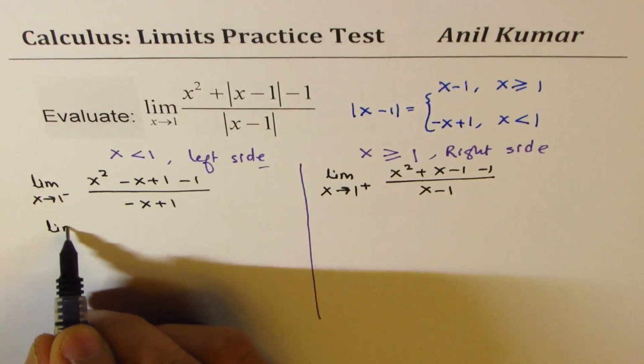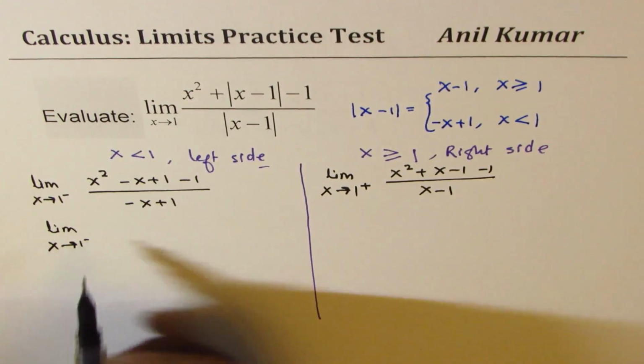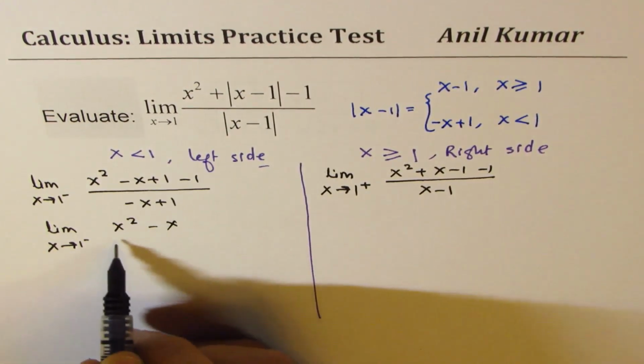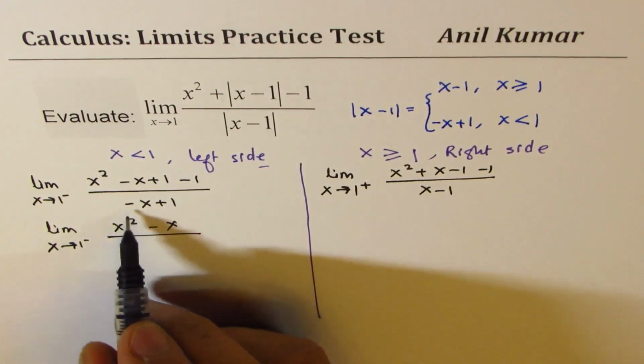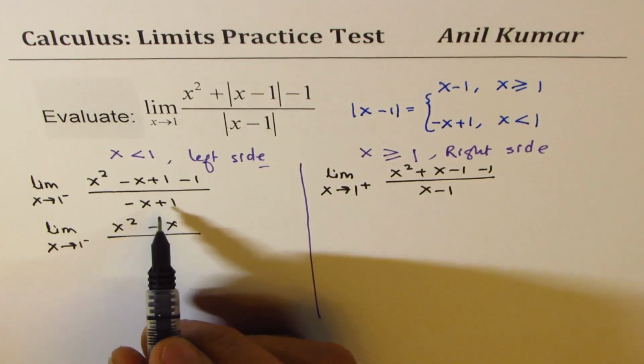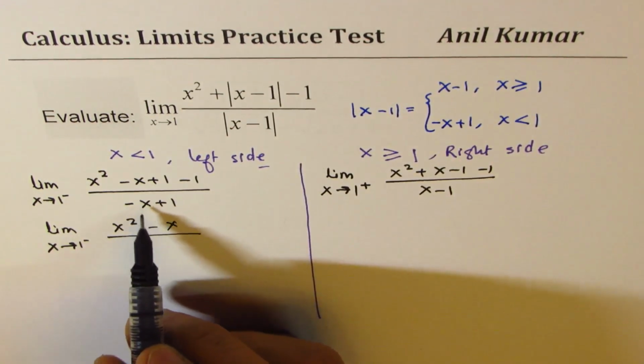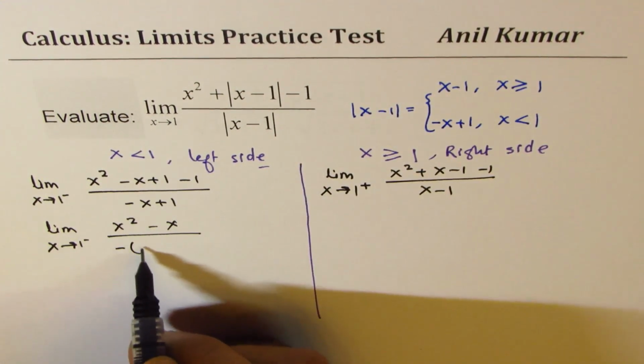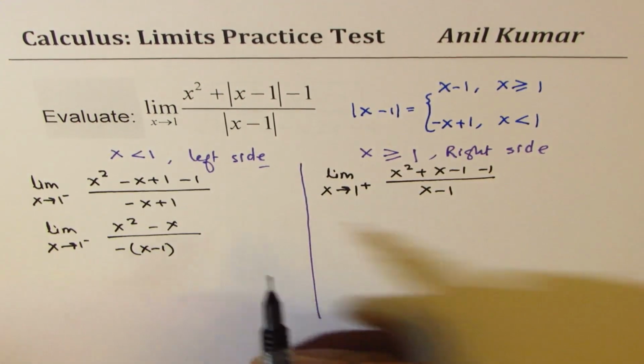So we get the limit as x approaches 1 from the left side of x squared minus x over, we have minus x, we could take minus common, write this as x minus 1, correct?